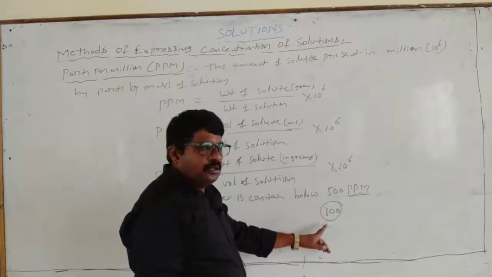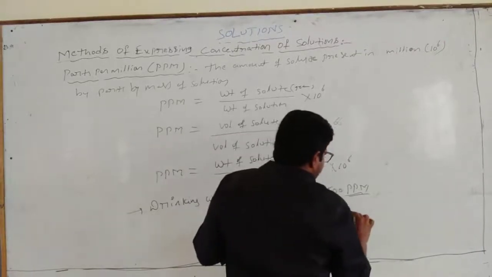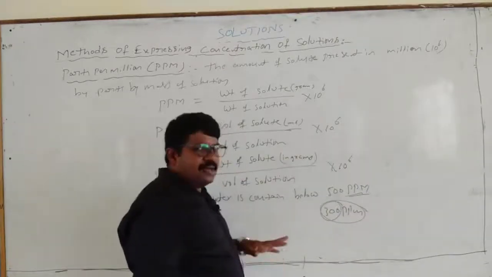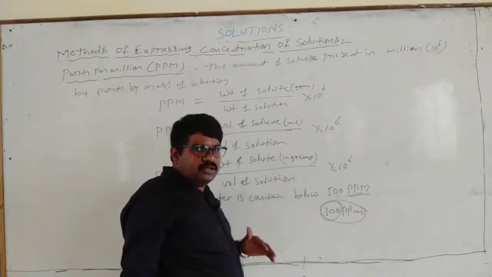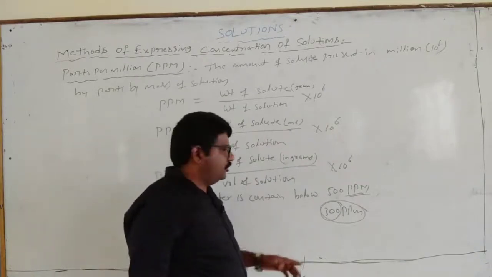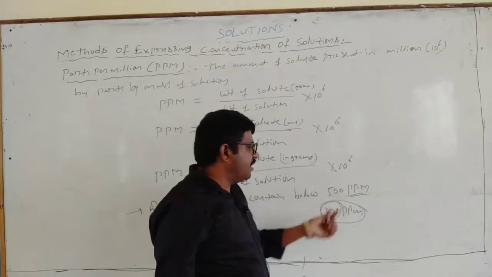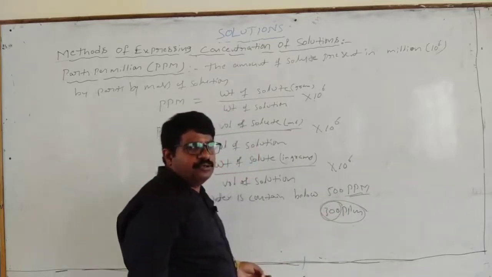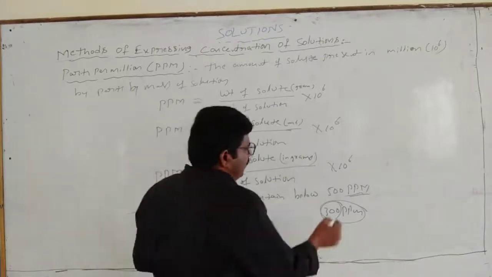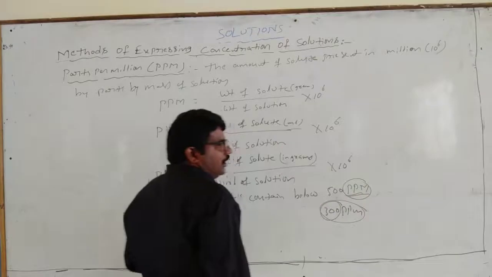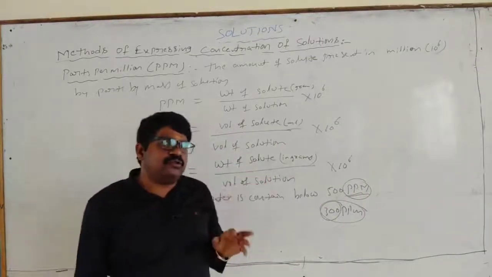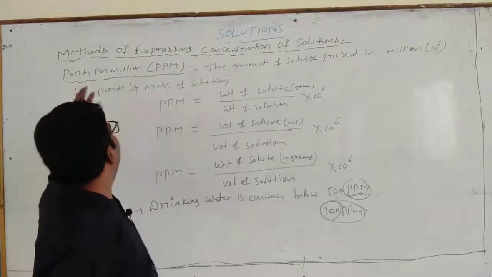In the reverse osmosis, the RO process, 500 ppm is maintained, so below 500 is acceptable. That is the importance of ppm.